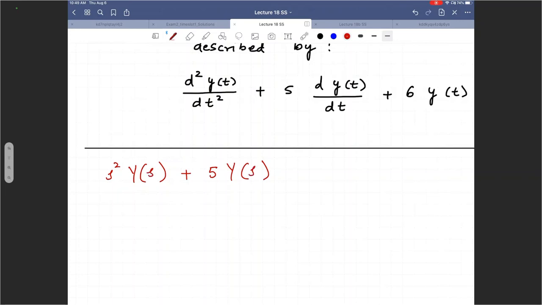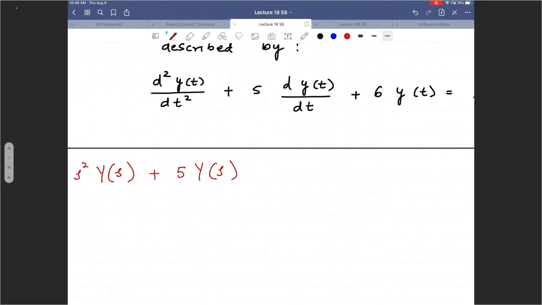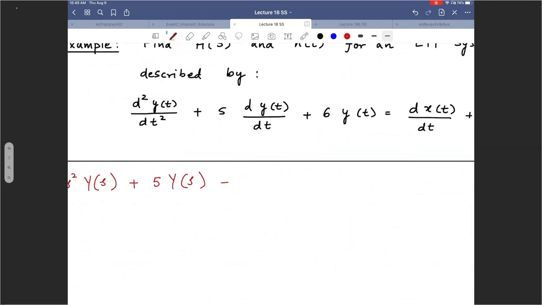All right, so I've got s squared Y of s plus 5, oh, hold on, 5 first derivative. There should be an s there as well. So 5s Y of s plus 6 Y of s.